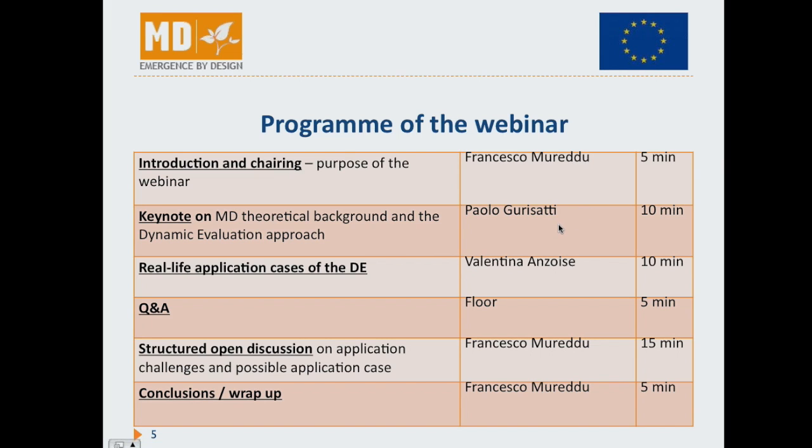So we have a question from Laila Puyol, who is an expert in social innovation and entrepreneurship. The question is addressed to Paolo and to Valentina. Could you share an example of the value added of dynamic evaluation versus traditional output evaluation in a concrete case?